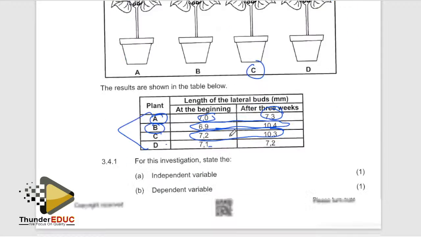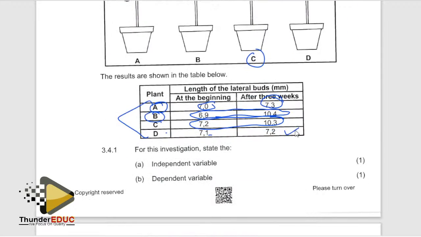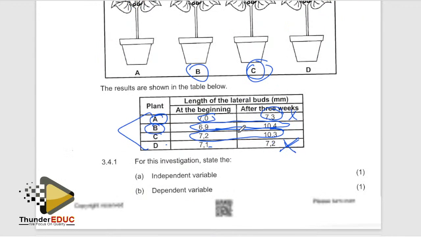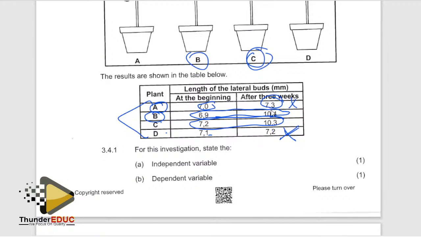So the lateral branches do not grow that much. You see, while this B and C, because they said without auxins, they didn't have auxins on top. Therefore, they had a high increase, a high number of lateral branches.